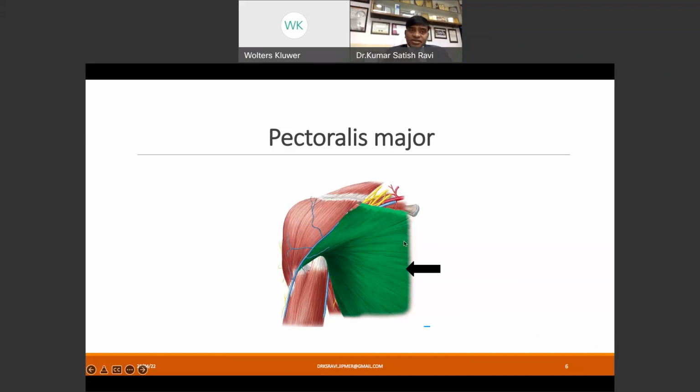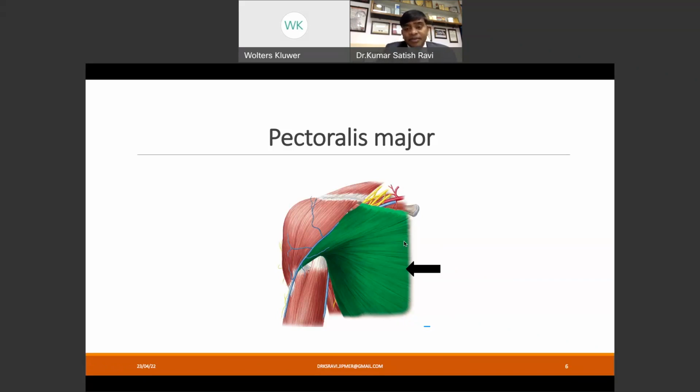This sternocostal head arises from the lateral part of the anterior surface of the sternum and from the second to sixth costal cartilages. So one is the clavicular head, another is the sternocostal head.